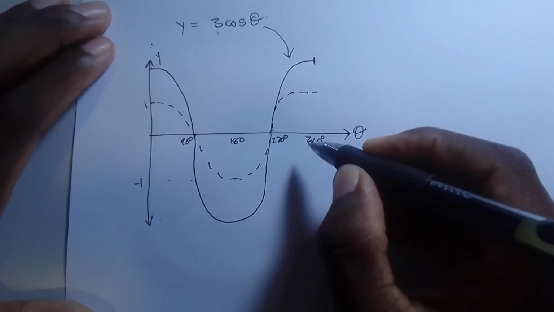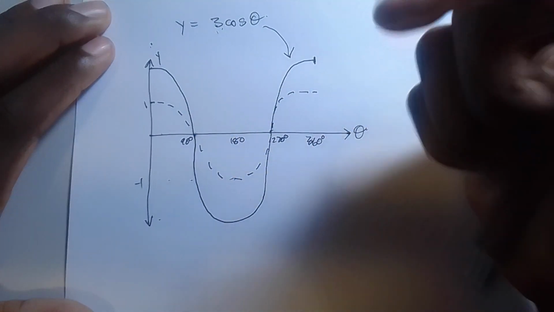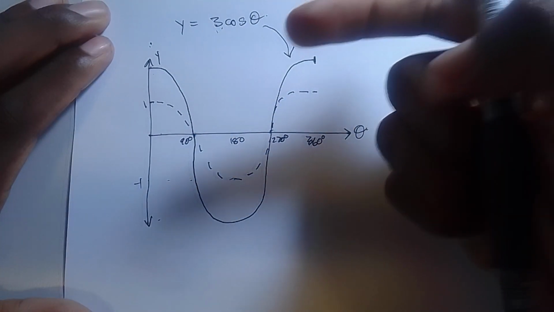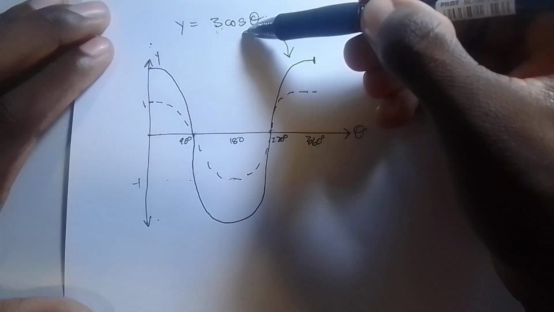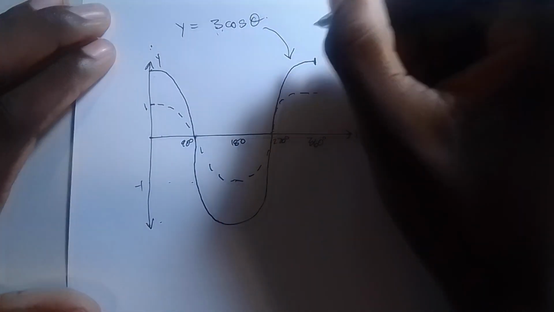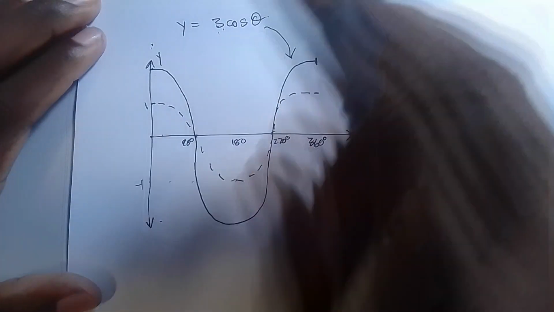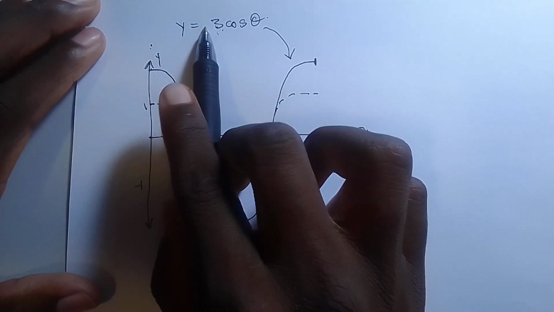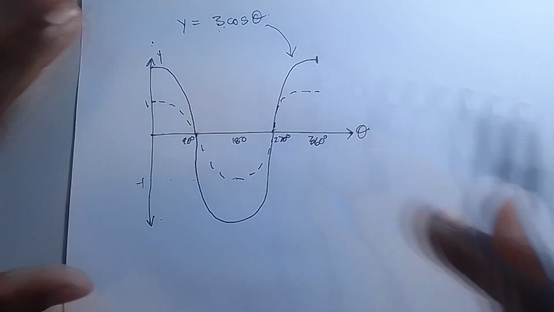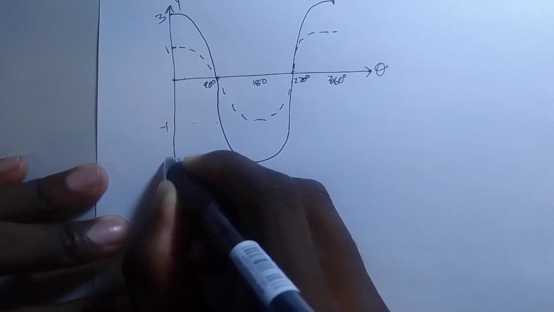It's still 360, but the amplitude now is 3, because the amplitude is the absolute value of the coefficient, which is basically the positive version of this. If this was negative, the amplitude would still be 3. Okay, sorry, this is 3, this is -3.